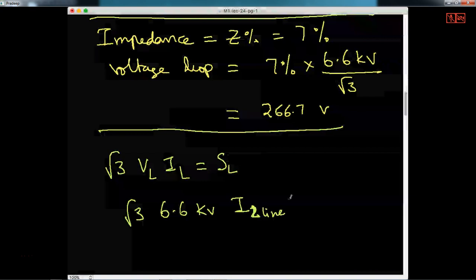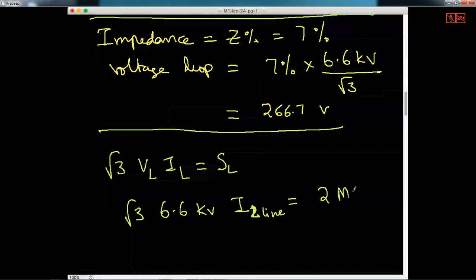The kilo is here and mega is here. So if I calculate kilovolts and megavolts, here the volts will get cancelled. Mega and kilo means here you will get the 2000. So I2 line, that is full load, is 2000 amperes divided by root 3 into 6.6.